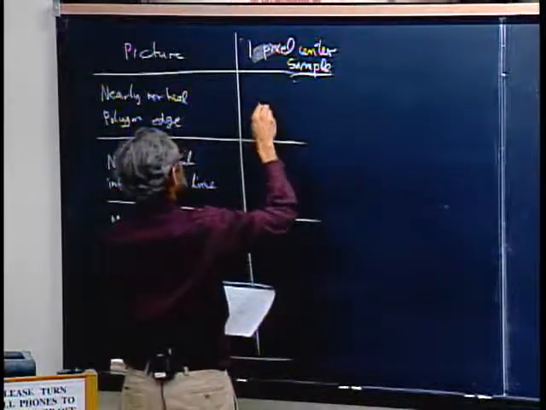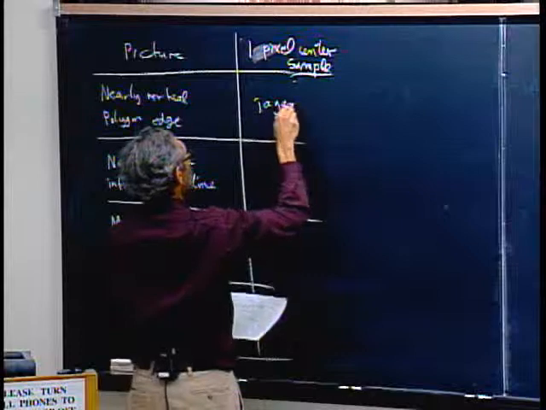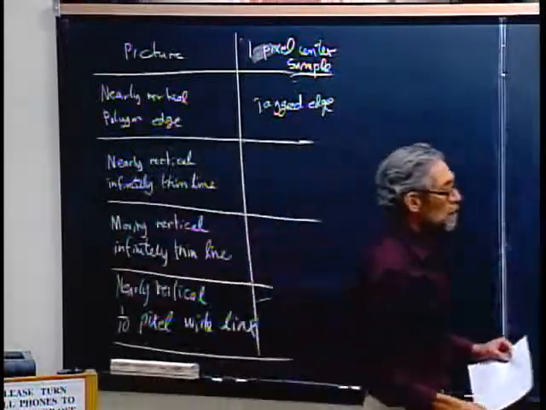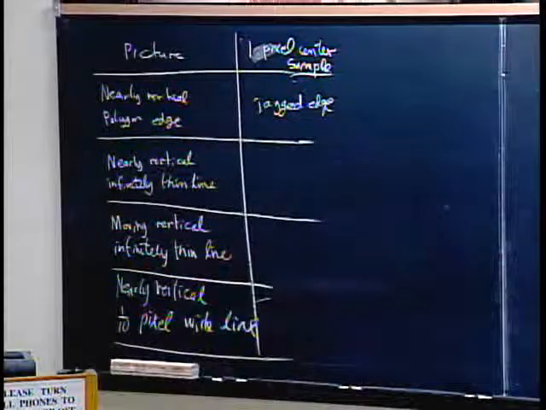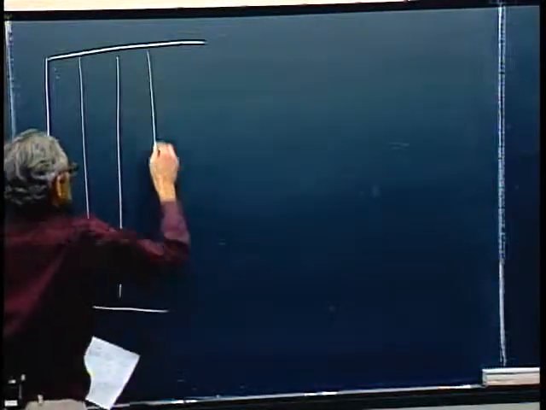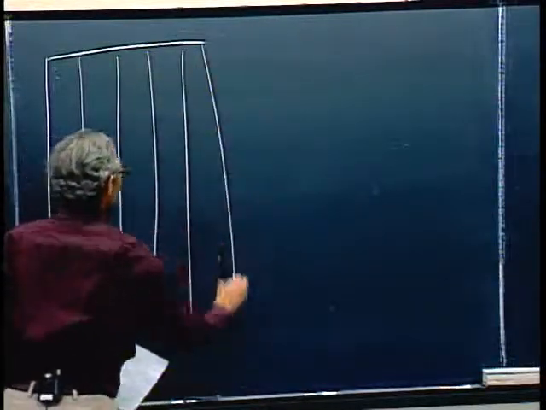I have a jagged edge. And the next example I want to talk about is, maybe I'll put it on this board. Here is my pixel array. I should have probably pre-drawn these pixel arrays instead of pre-writing my other stuff.